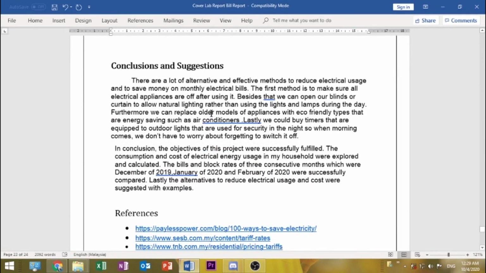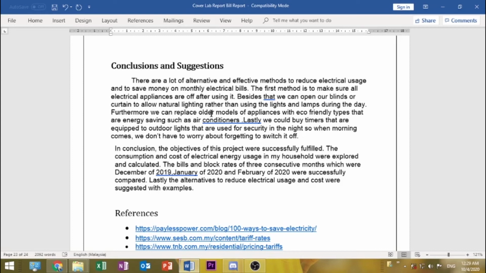So conclusions, so there were a lot of ways that I could think of to reduce electrical usage and save money on the monthly bills. So the first method was to make sure all electrical appliances are off after using them. As you can see, most people are not aware that when you leave a switch open, it actually counts a bit in the monthly electrical bill, and it can spike your electrical bill a lot.